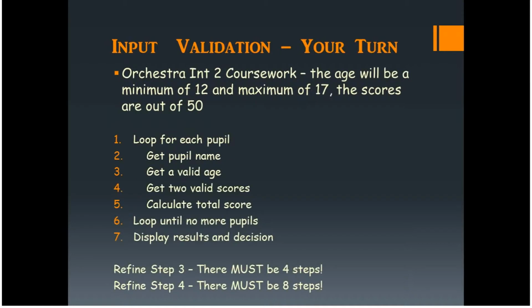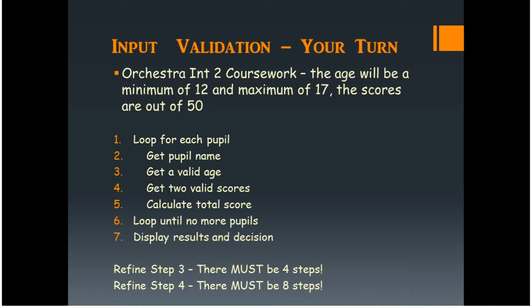Now, this one here, again, your turn, this is the orchestra program. We had 3 input validations to do, 2 of them were inside 1 step. So what you had was look for each pupil, get pupil name, 3, get a valid age.